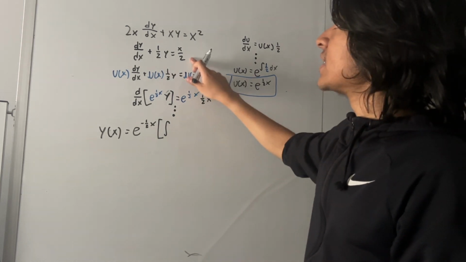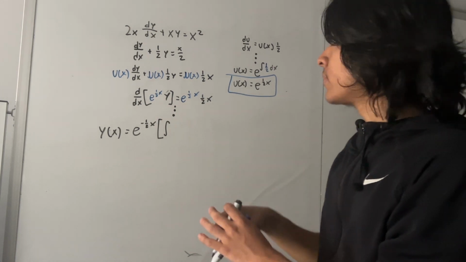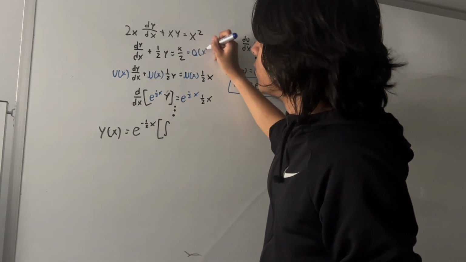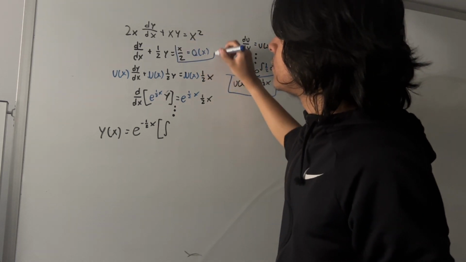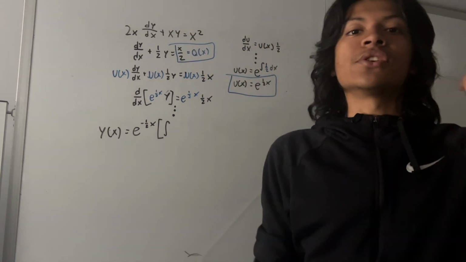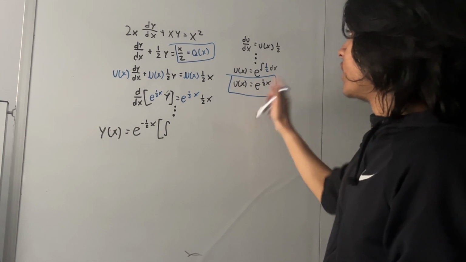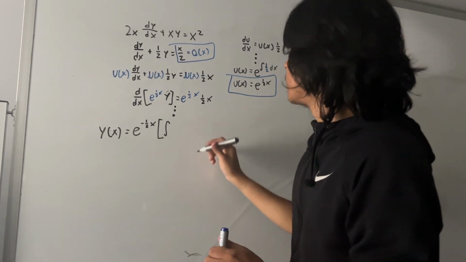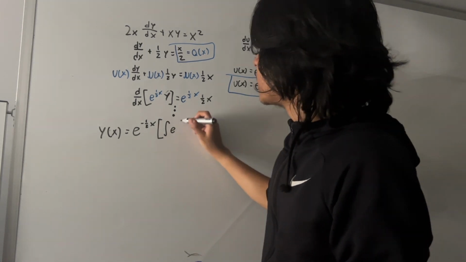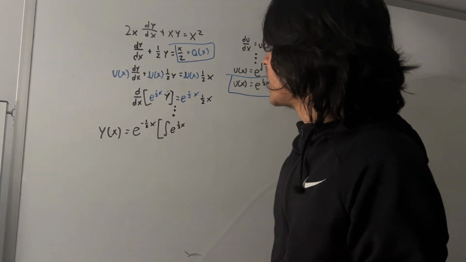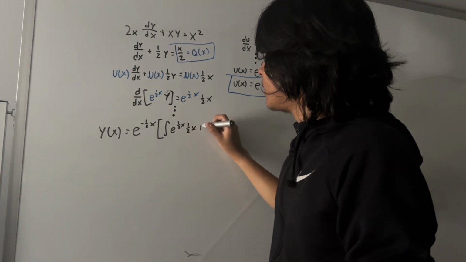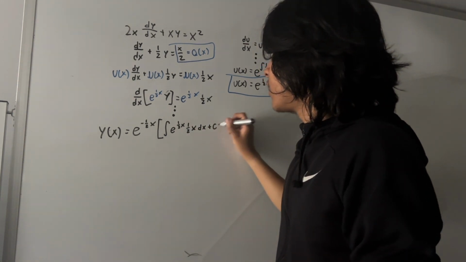Our q of x in this case is this part right here, and there's our u of x. So we're going to be taking the integral of e to the 1/2 x times 1/2 x dx plus our constant c.